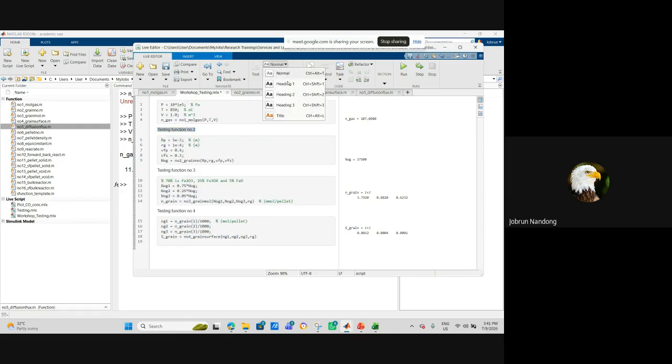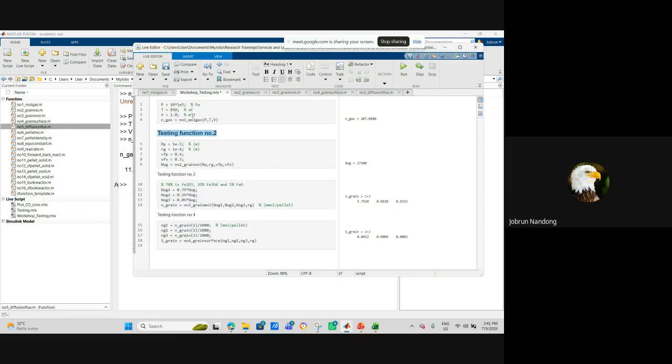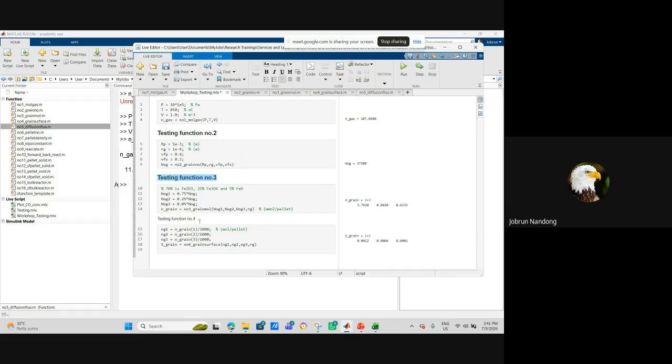Testing. Normal testing. Okay, headings, type headings there. There's a lot of things that you can change. So next, we are going to test for the function number 5, right?